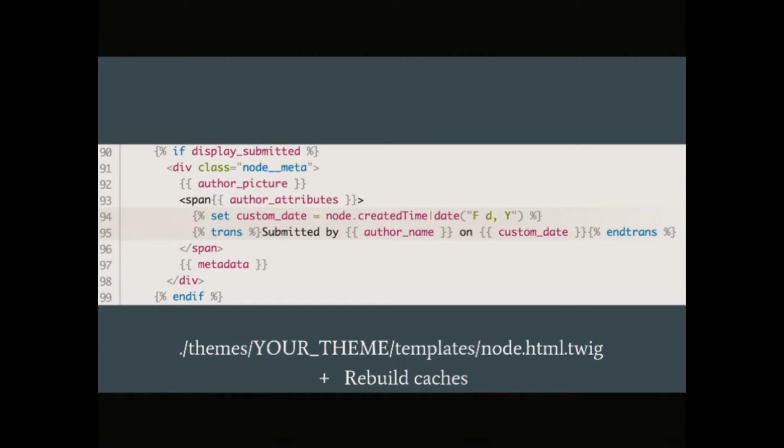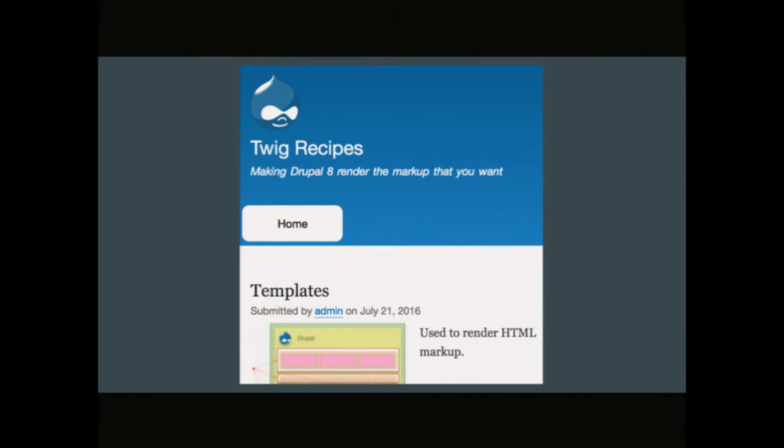It won't apply the date filter to it. So in trans, you can only have scalars. And because we can only have scalars, the way around that is I create a variable, I apply my logic, any modification that I need to do, and then I print that. So you do that, clear your cache, and it works. Now I have the date in the format that I want.